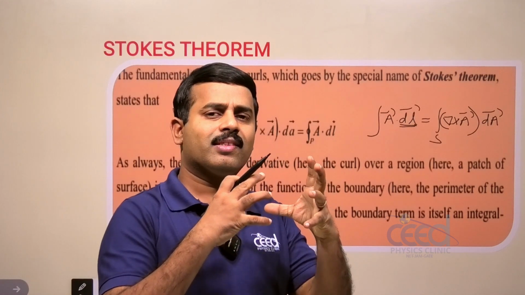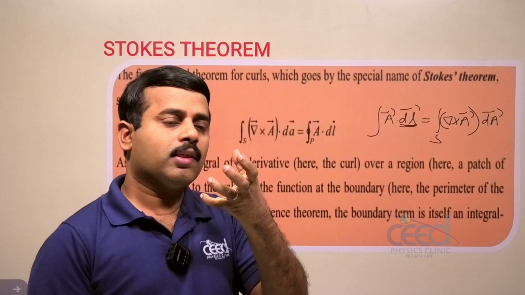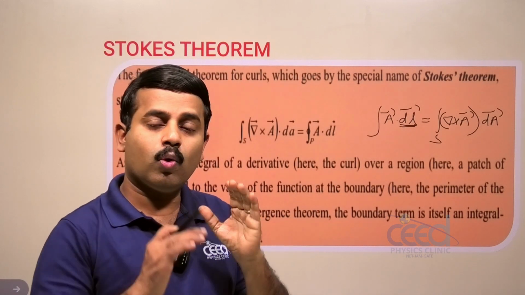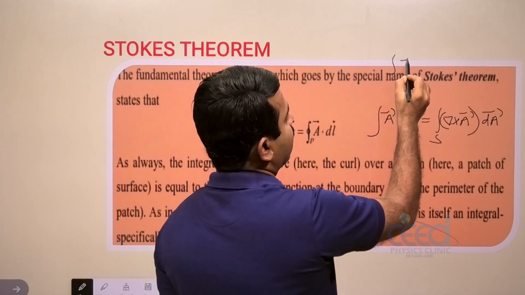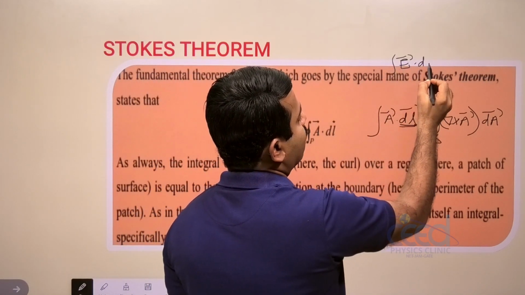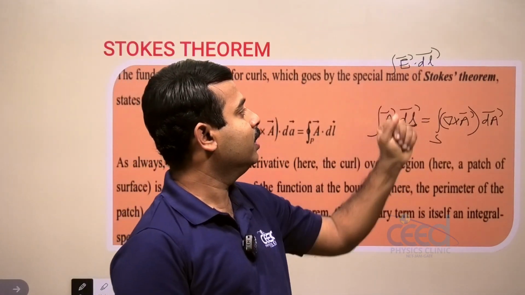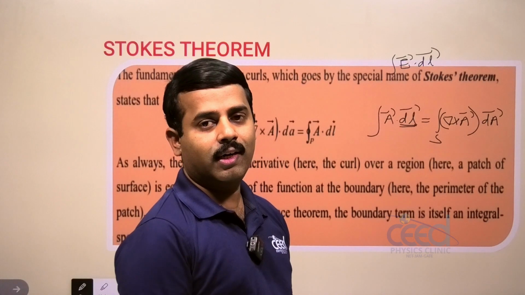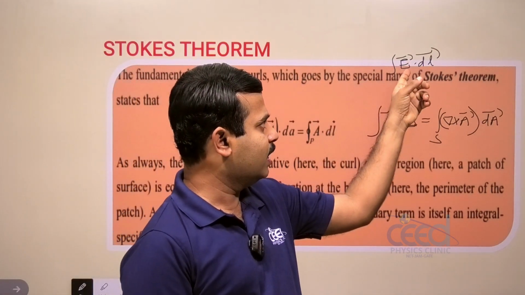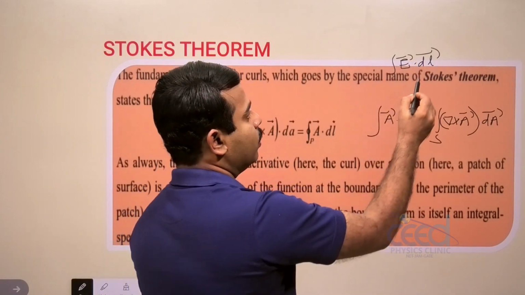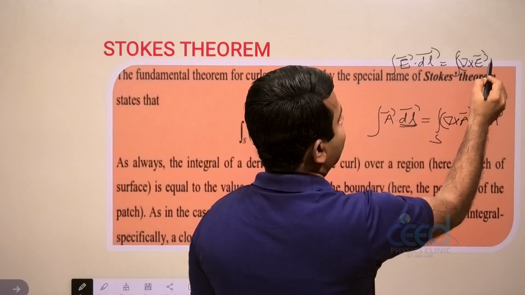Now what is the significance of this? You know that integral E dot dl, where E is the electric field, is the potential, the work done to move a distance. So instead of calculating integral E dot dl, you can calculate the integral of del cross E dot dA.